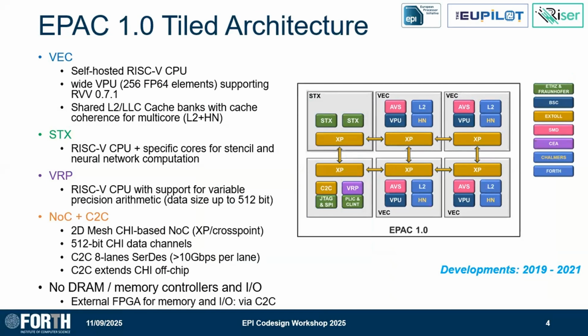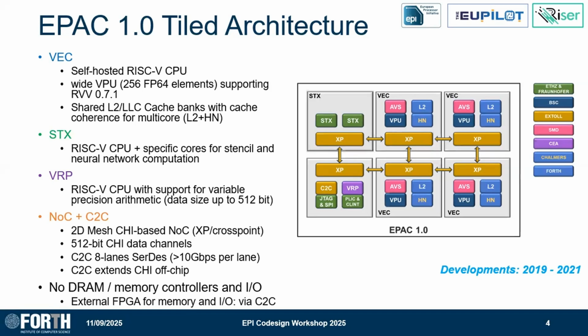So the VEC part is the Avispado from Semidynamics, the VPU from BSC and with the floating point units of Uni Zagreb, the L2 and home node from Forth and Chalmers respectively, the 2D mesh NOC with the cross points from Extoll. So this consists of the building blocks of all the chip at the beginning, the EPAC 1.0. And there are details.